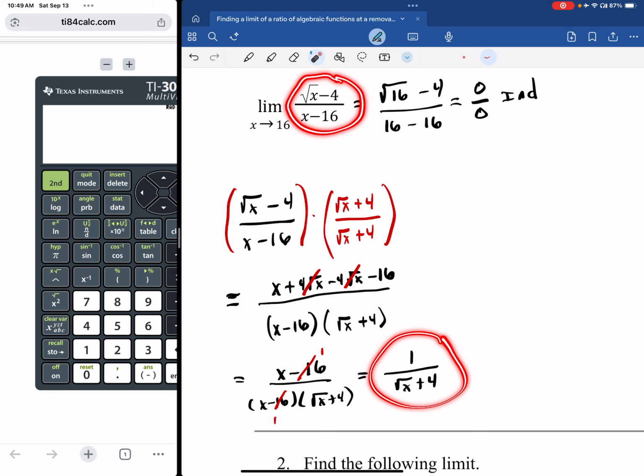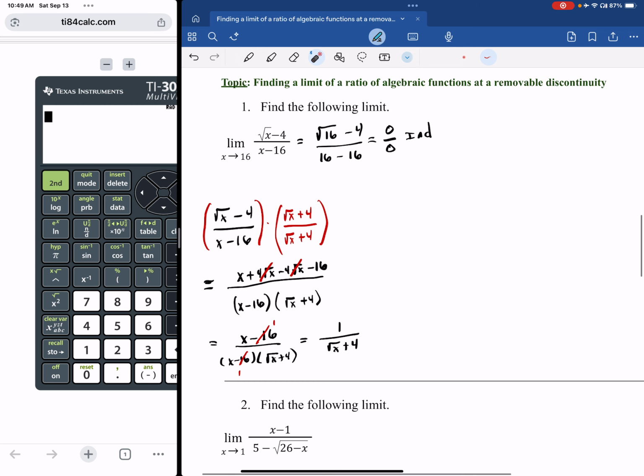Again, we don't care what happens at that point, we only care what happens near the point. So with the limit, instead of plugging the limit into the nasty original function, we're actually going to plug the limit into the nicer simplified function. So what we're saying then is this is equivalent to the limit as x approaches 16.